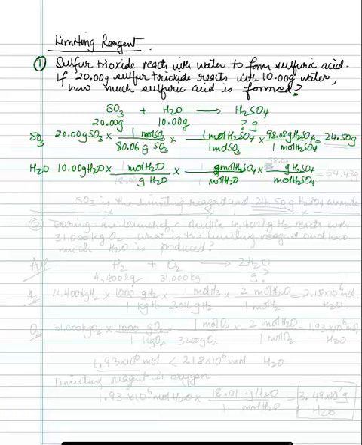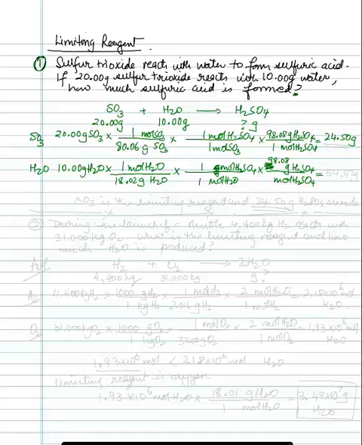In 1 mole of water there are 18.02 grams, and then 1 mole of water will give 1 mole of sulfuric acid from the balanced equation. We calculated this mass already, and it is 98.08 grams of sulfuric acid.